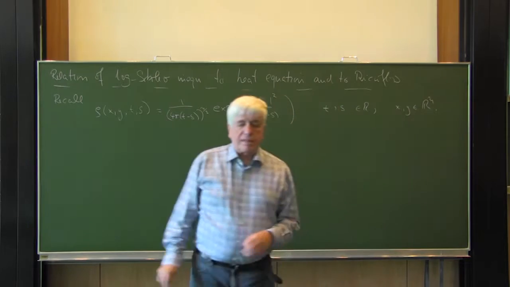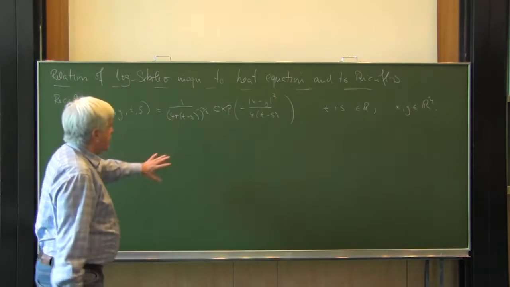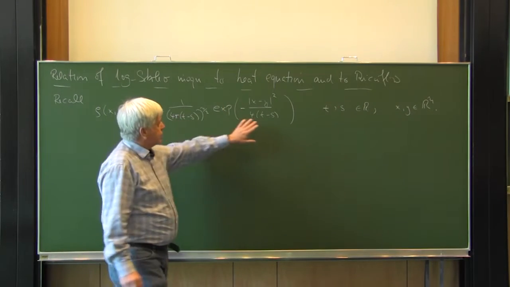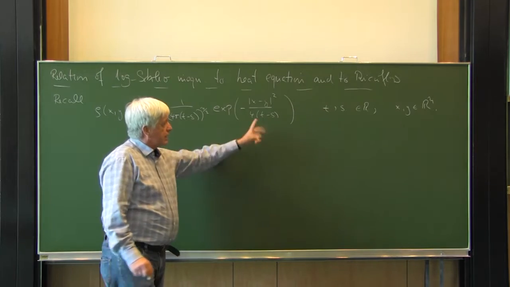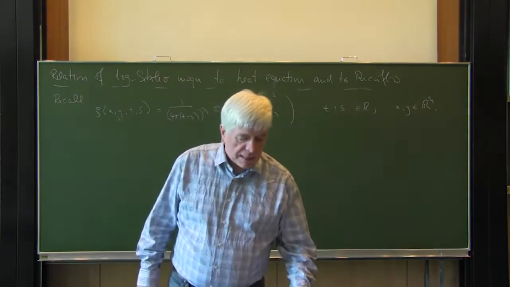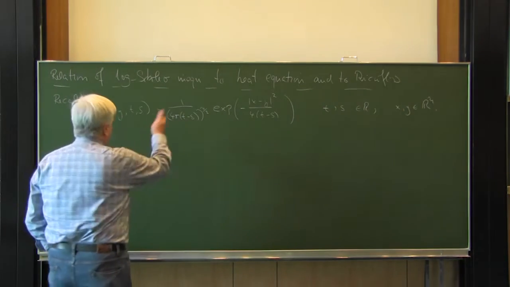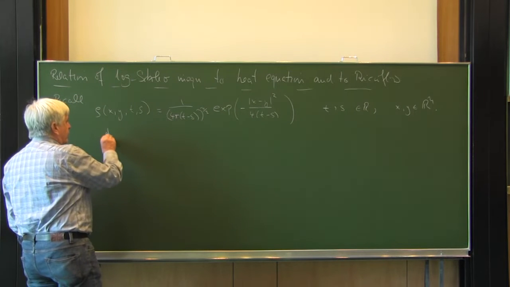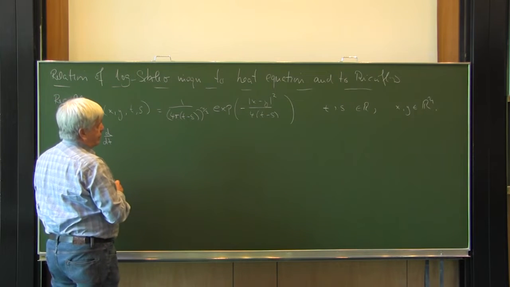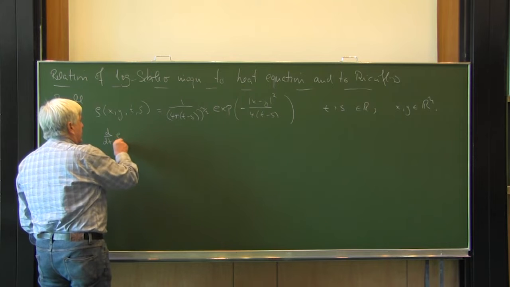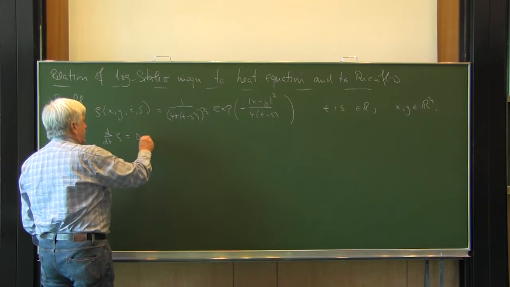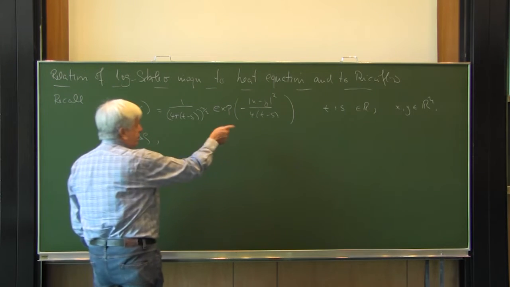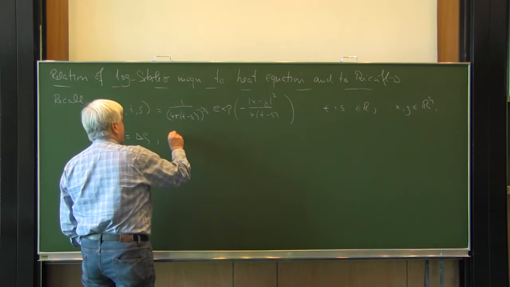And I wrote it deliberately in this way in order to show the symmetry in x and y, and also in some sense the antisymmetry in t and s, because this now solves the heat equation forwards with respect to t, and it solves it backwards with respect to s.